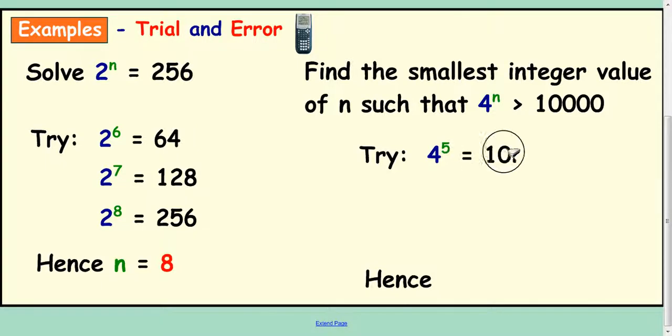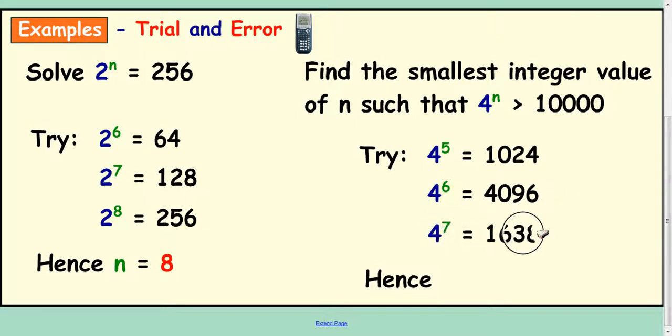But I've picked 5 here, and it came out at 1024, so that's too low. Try 6, 4096. Try 7. Okay, that's the first value of n that's given an answer greater than 10,000. So the value of n equals 7.